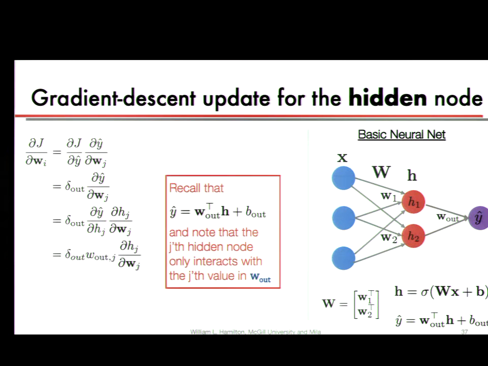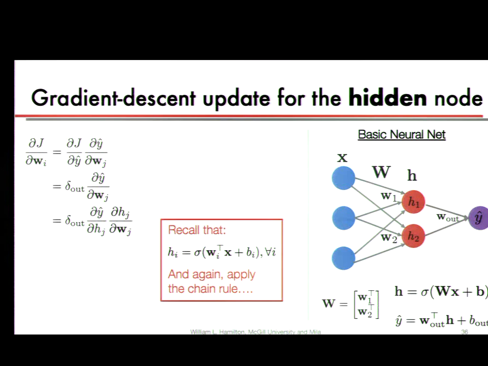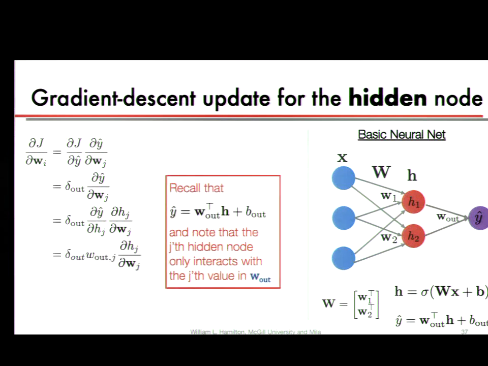So, based on this fact, we can get that the derivative of the prediction with respect to our hidden unit is going to just depend on one of the output weights. The hidden unit is just, say, h1 here, and h1 is being dot product with the first index of w out.